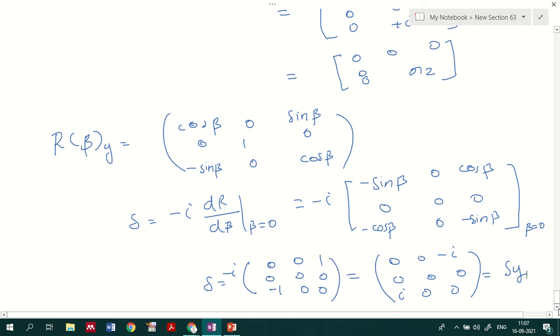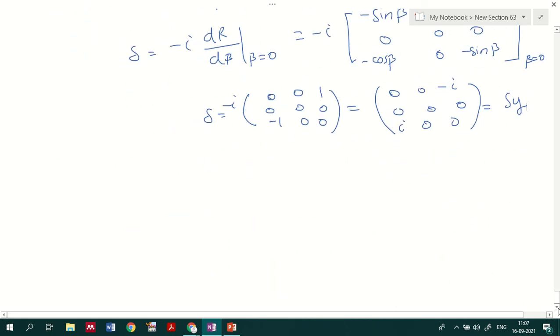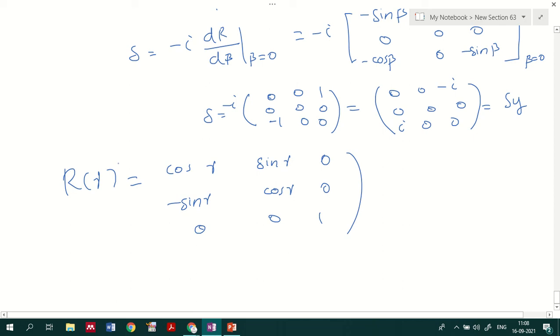ഓക്കെ, നൗ R of gamma സിമിലർലി നമ്മൾ ചെയ്ത് കഴിഞ്ഞാൽ R of gamma എന്ന് പറയുന്നത് വിൽ ഗെറ്റ് ആസ് R of gamma equal to cos gamma sin gamma 0, then minus sin gamma cos gamma 0, 0 0 1. So ഇതാണ് R of gamma.